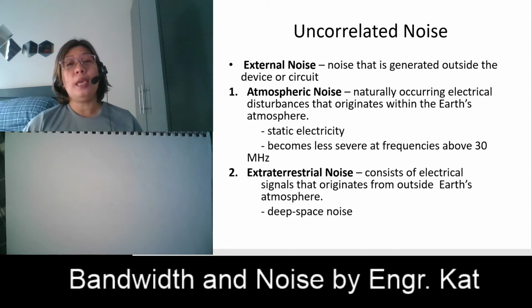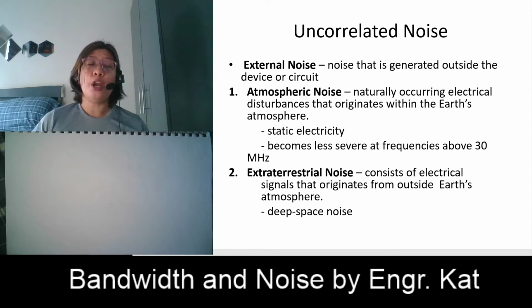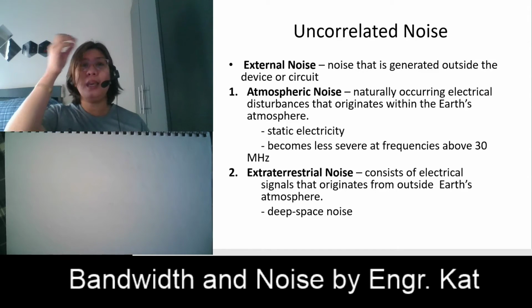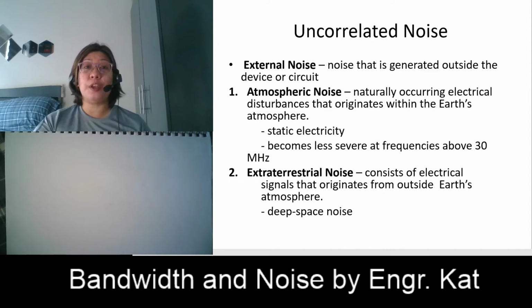It is mostly in the form of static electricity. For example, you are just listening to your radio or having a conversation on the phone, and then suddenly you hear a buzzing sound on your signal. We can say that that is from atmospheric noise.